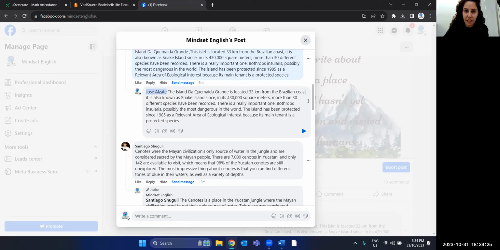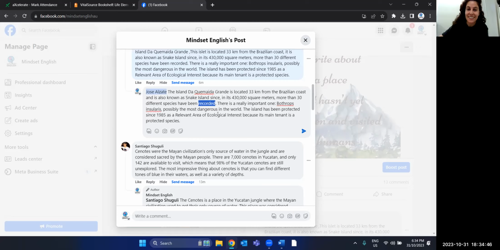So you don't need a comma if you're going to say and. I might connect it by saying and is also known as Snake Island, since in its 430,000 square meters, more than 30 different species of snakes have been recorded.